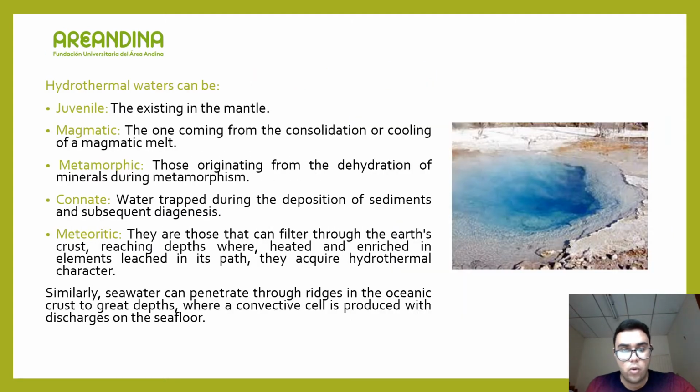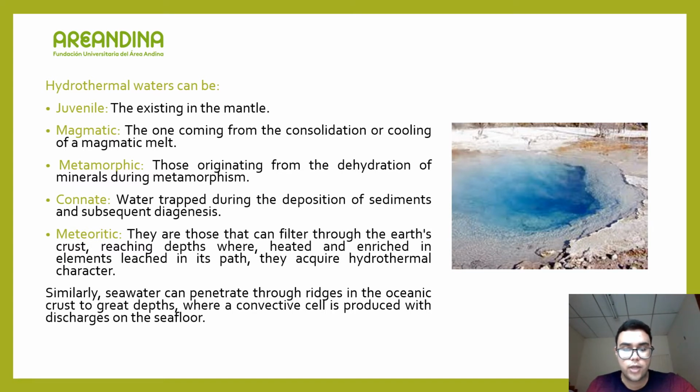The hydrothermal waters can be juvenile, magmatic, metamorphic, cognate, and meteoric. Juvenile water is that existing in the mantle. Magmatic is the one coming from the consolidation or cooling of a magmatic melt. Metamorphic waters originate from the dehydration of minerals during metamorphism.